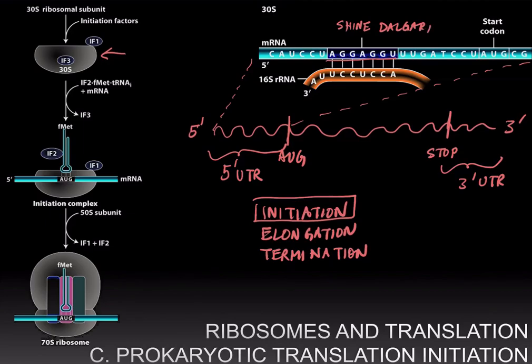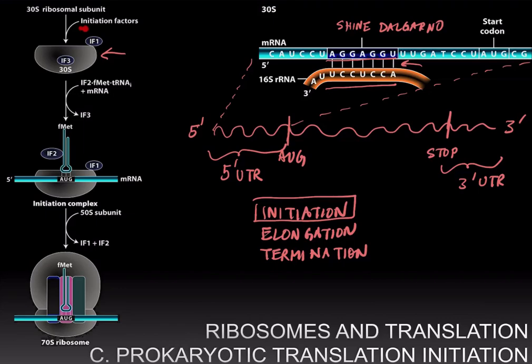And this sequence is complementary to a region of the 16S ribosomal RNA, which is part of the small subunit of the ribosome in prokaryotes. And the small subunit recognizes or binds to the messenger RNA by Watson-Crick base pairing between the 16S ribosomal RNA and the Shine-Dalgarno sequence, which is located in the 5' UTR of the messenger RNA.